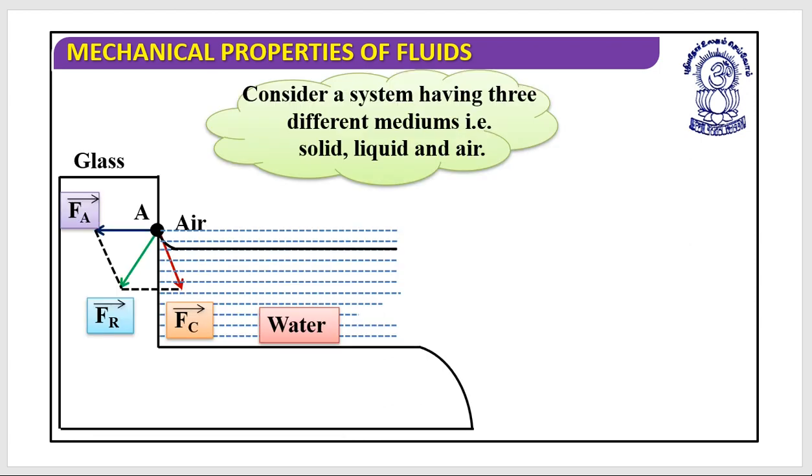Let's suppose this is the container, this is the glass, and this is the fluid that has been filled. Let's take one point, point A. On this point all the forces are acting. One is the adhesive force, acting in this direction, Fa.